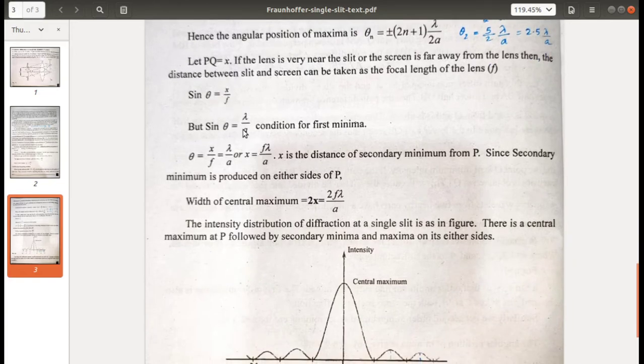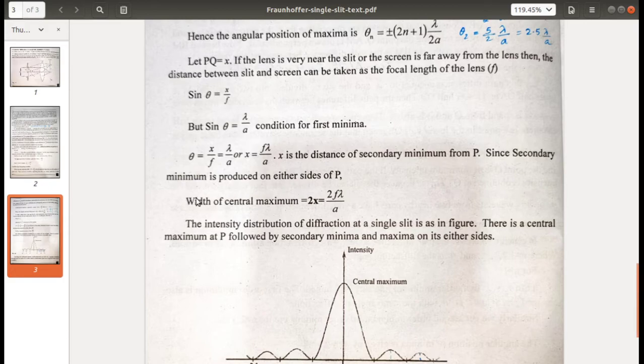So if we are equating these two, because the left side is equal, sin theta, we will get x by f is equal to lambda by a, since sin theta is equal to theta when theta is very small. Or x is equal to f lambda by a, where x is the distance of the secondary minimum from the central bright point P.